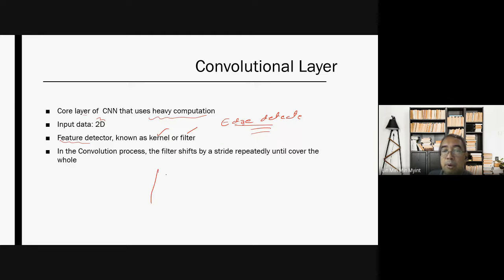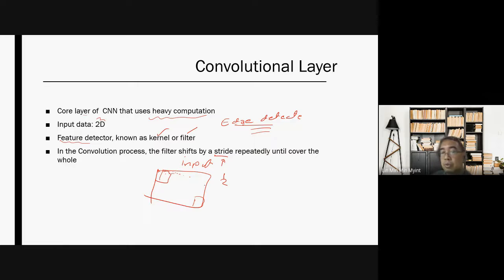The convolutional process means this is our input and this is our filter or kernel. We shift and move it slowly, not necessarily one by one; it depends on the strides. A stride of one means we move one by one, a stride of two means we move two by two, until it covers the whole image.